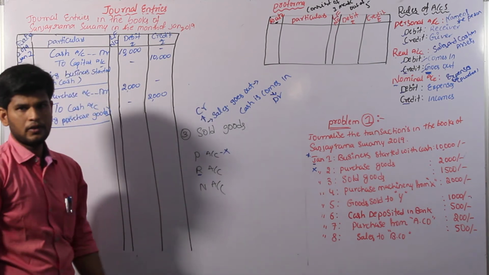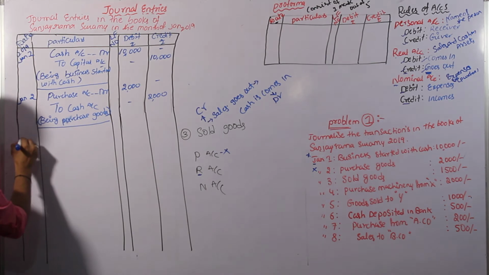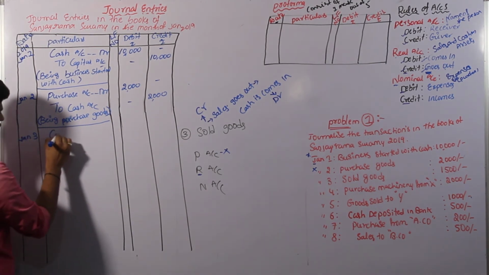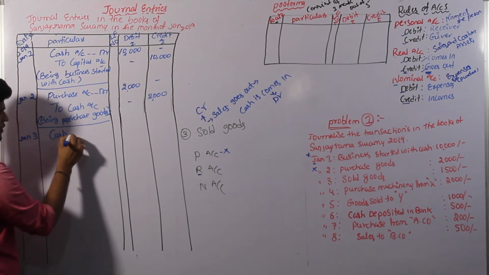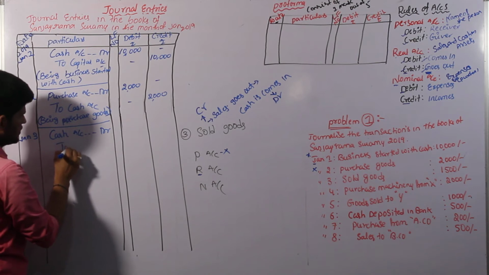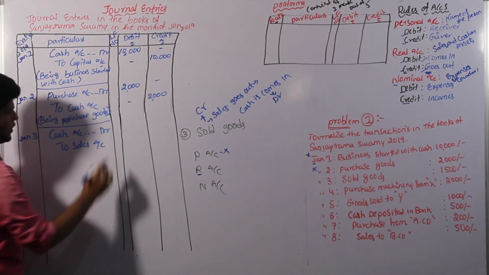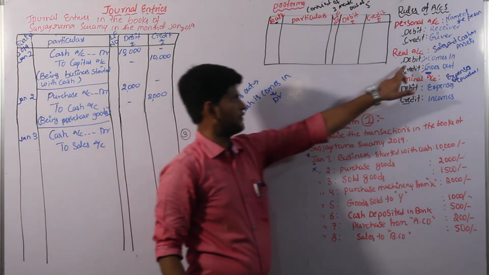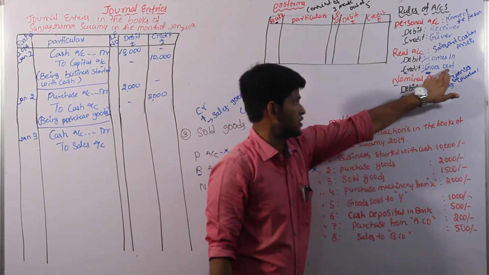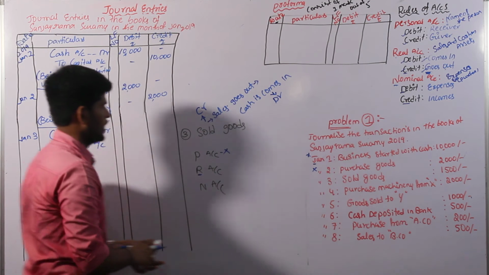So the entry is cash account debit to sales account. January 3rd, cash comes in, cash account debit to sales account. Sales go out. Cash comes in, that's the reason I debit it. Sales go out, that's the reason I credit it according to the real account.